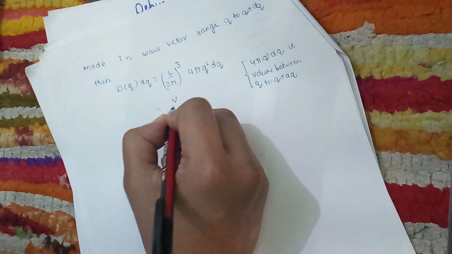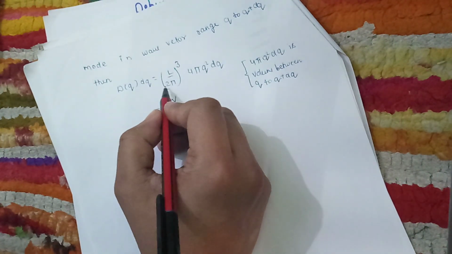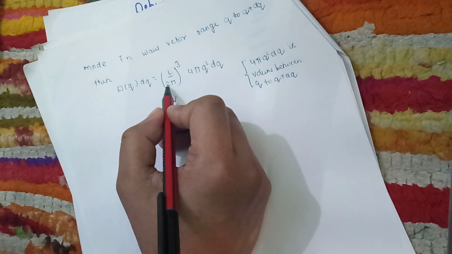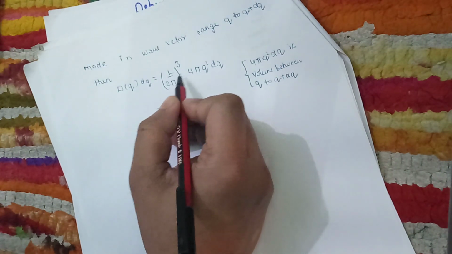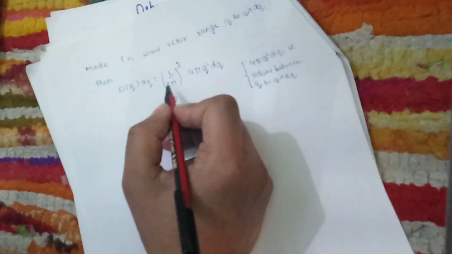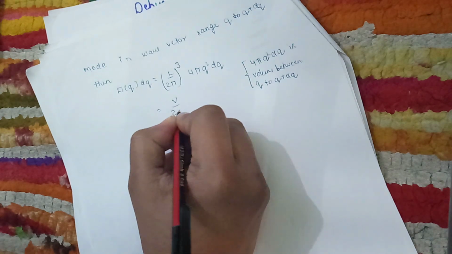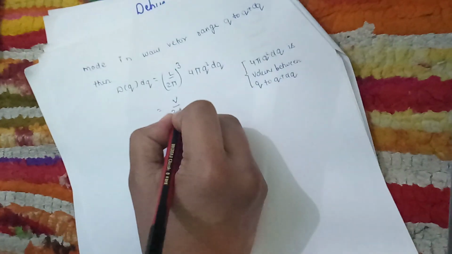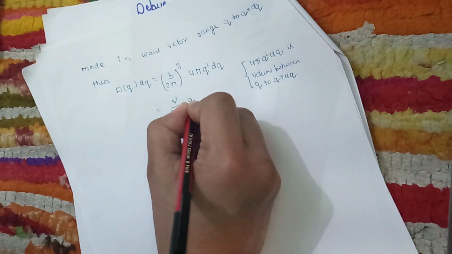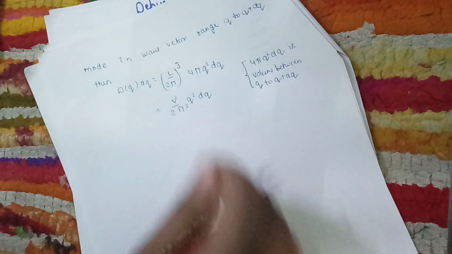That is volume. Note down as V upon 8 pi cube, that is 4 into 2, that means 2, and pi cube here is pi square q square dq.